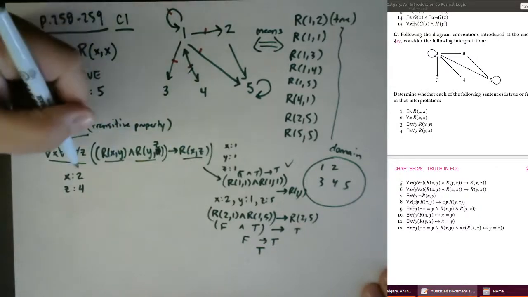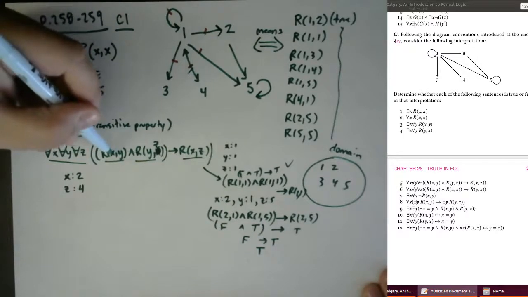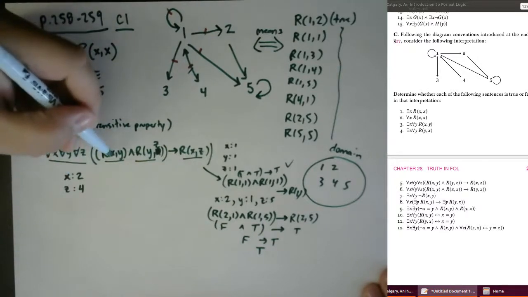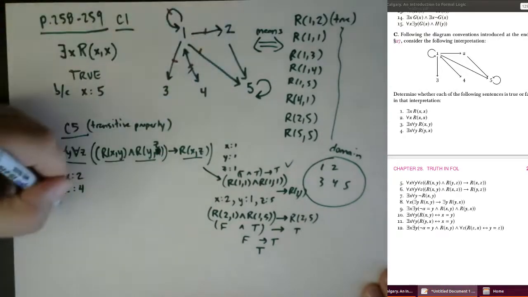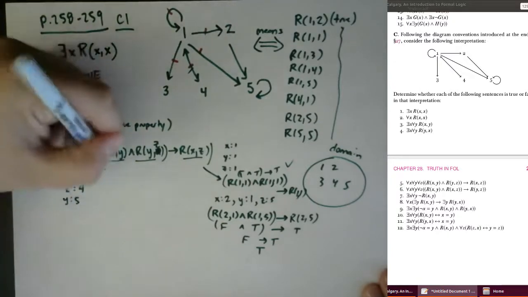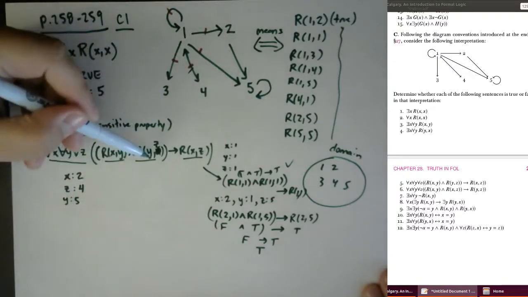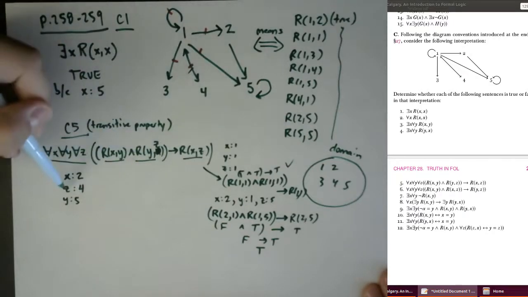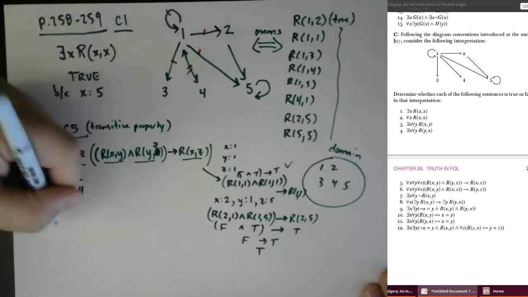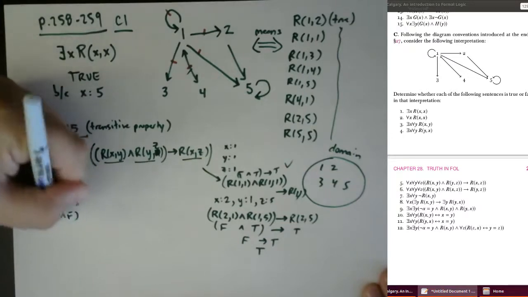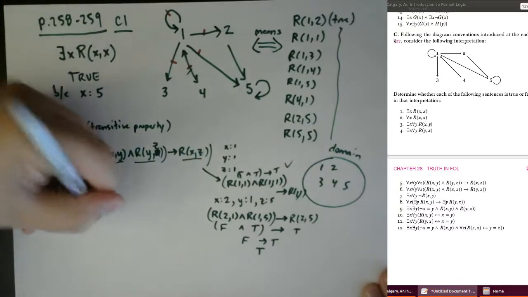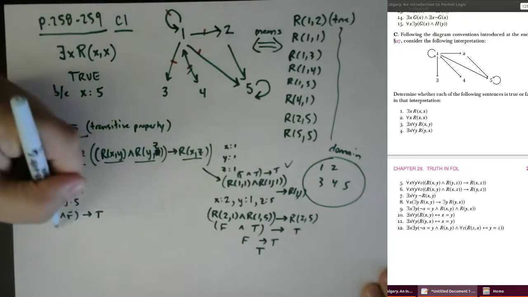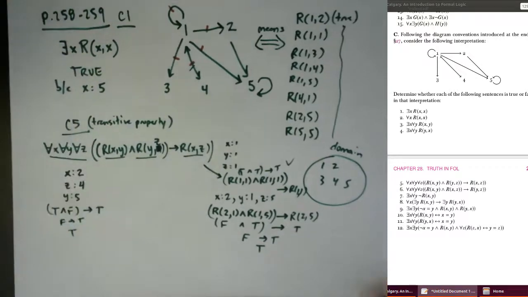Now I just need to make sure that the Y I pick, starting at X is 2, so Y has to be something that 2 maps to, so Y has to be 5 in order to make this one true. And is it true that Y goes to Z, 5 goes to 4? It's not. So this one would be true, and false implies true. Again, that's false implies true, and that's true.